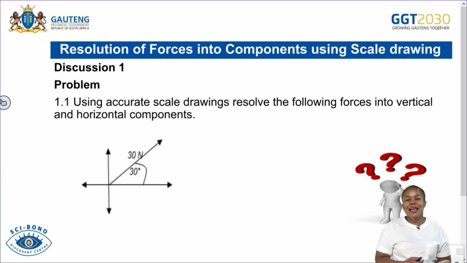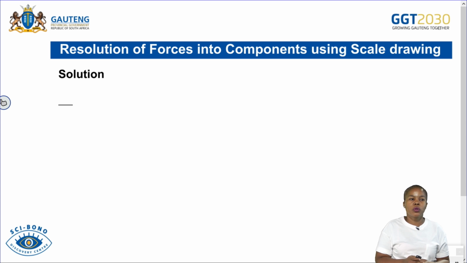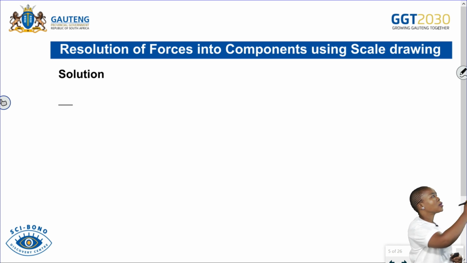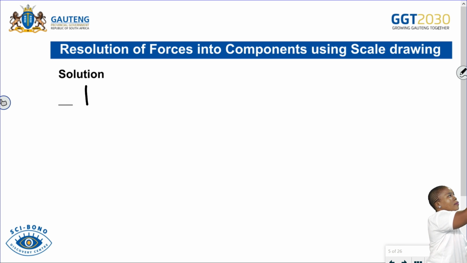It's acting at an angle of 30 degrees to the horizontal. How do we approach this? Let's use an appropriate scale: 1 centimeter is equivalent to 10 newtons.